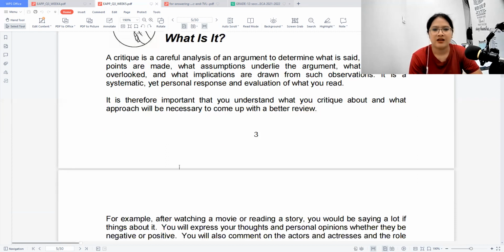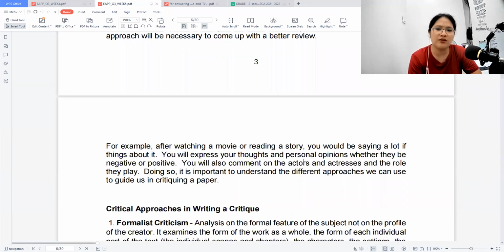So for example, after watching a movie or reading a story, ang dami mong gusto sabihin. For sure, during the pre-pandemic period, you would recall how you and your friends, manonood kayo ng movie, pinanood niyo yung movie sabay-sabay, paglabas niyo yun pa rin ang pinag-uusapan niyo. Because you have lots of things to talk about the particular movie.